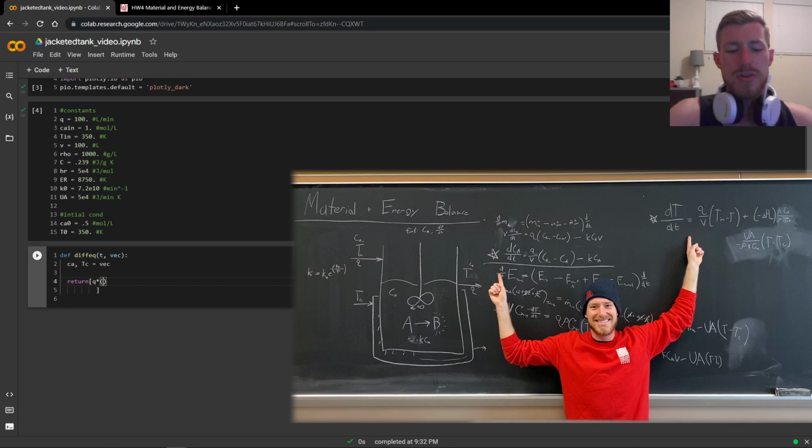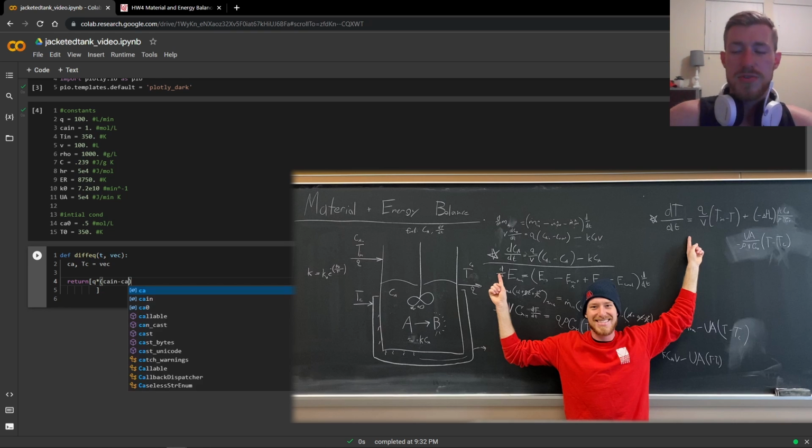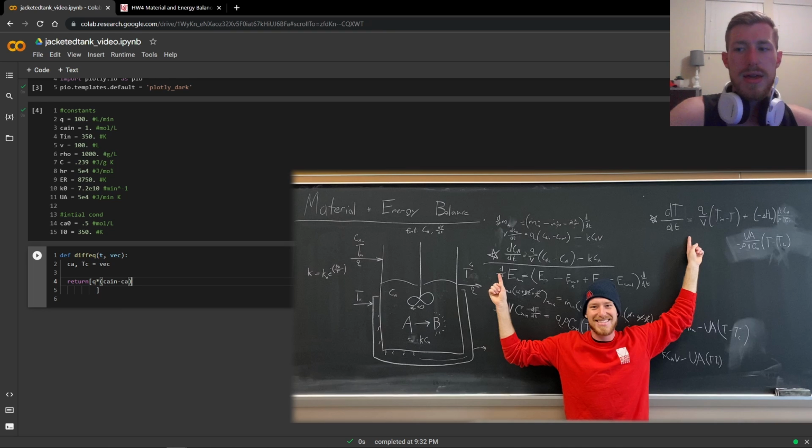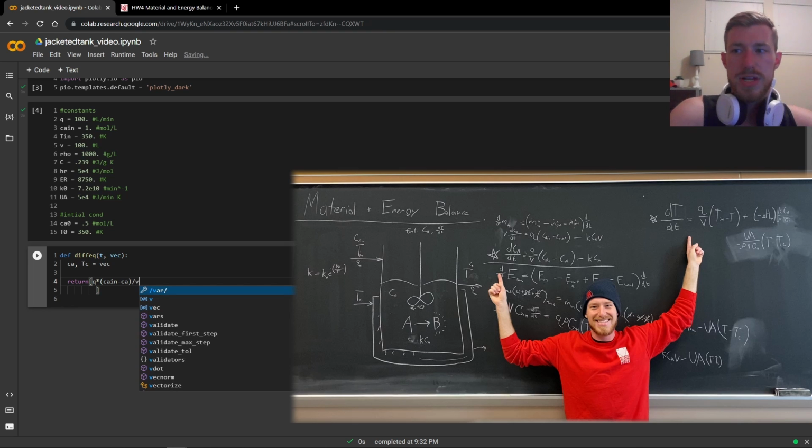There we go. So that's the difference between what's coming in and what's going out, multiplied by the flow rate. So that's our mass flow, the difference in mass flow, all divided by the volume of our tank, which I used lowercase v in this case.